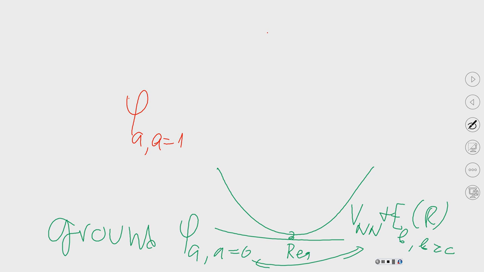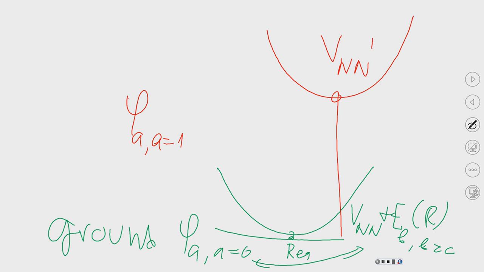We not just shift this parabola up, we also shift it along the nuclear positions, so the equilibrium point will be different. So this will be V_n plus E_B with B equals 1.